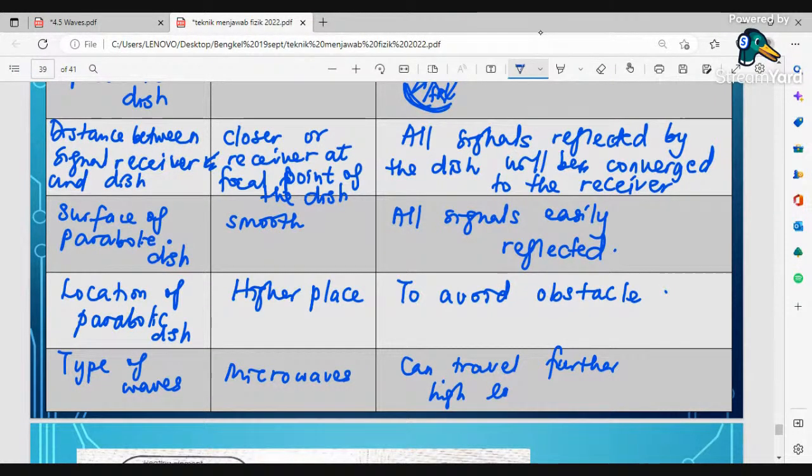Because for telecommunication, we have two types of wave, radio wave or microwave. To travel further, for satellite communication, we use microwave because it has higher energy and higher frequency compared to radio wave.